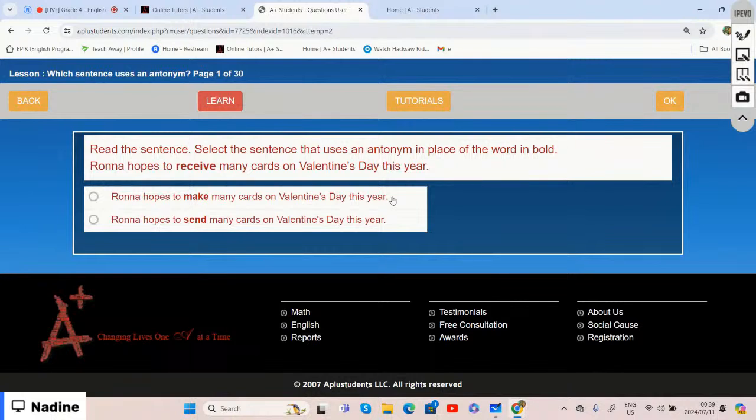So it says Rona hopes to receive many cards on Valentine's Day this year. What is the opposite of receive? Is it Rona hopes to make many cards on Valentine's Day this year, or she hopes to send many cards on Valentine's Day this year? Option one, to make, or option two, to send?